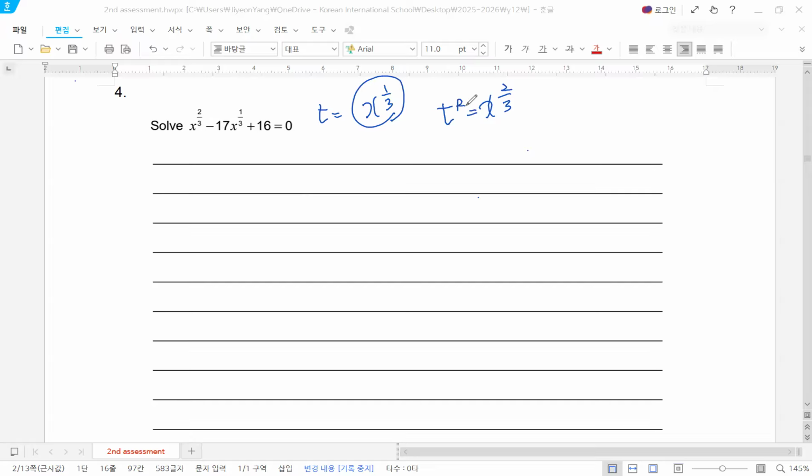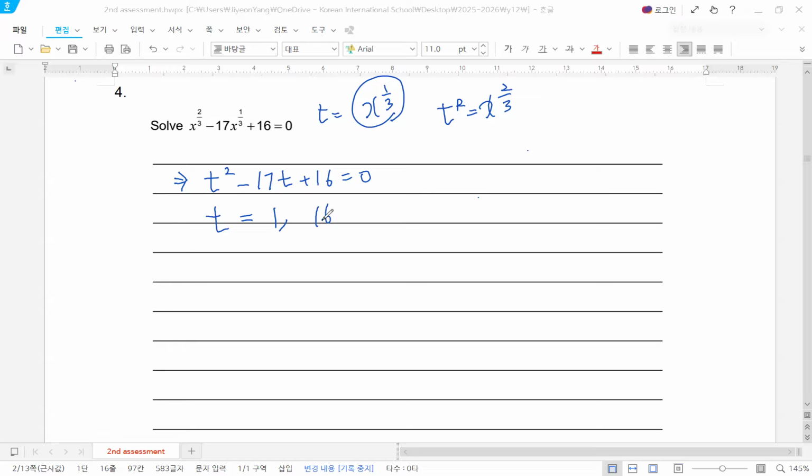Then you can rewrite this equation as t squared minus 17t plus 16 equals 0. By using your calculator, you don't have to factorize it manually. You can find the value of t as 1 and 16.